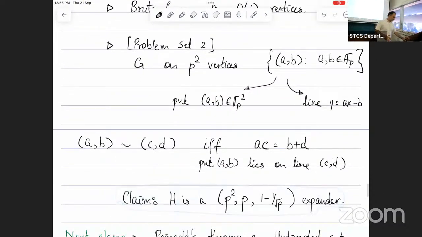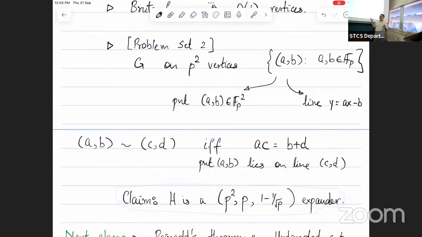But the nice thing about this is that you can actually show that its second eigenvalue is 1 by square root p. And it's not hard at all. And this is what we'll have in the problem set. I don't know if this graph has a name. I used to call it the affine line graph. It's like the line point incidence graph in some sense.